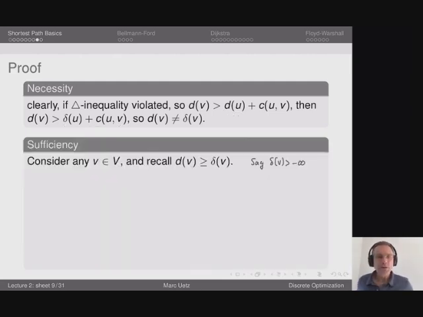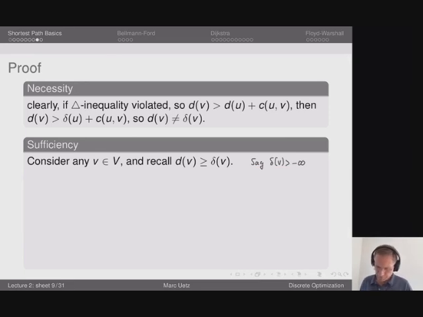But it's also a sufficient condition, and to that end, we look at any given vertex V in the graph and recall that these distance labels D are supposed to be upper bounds on the true shortest path lengths. And for the time being, let's assume that the distance to V is not minus infinity, so it's well defined.